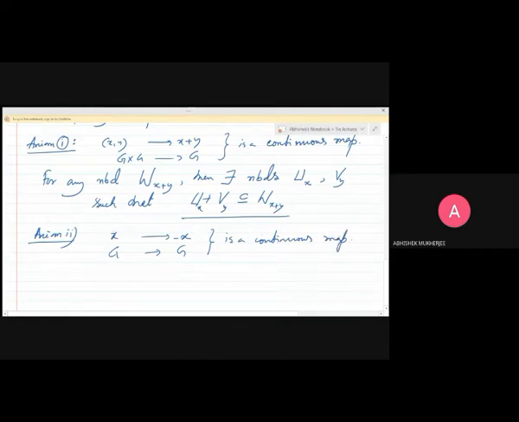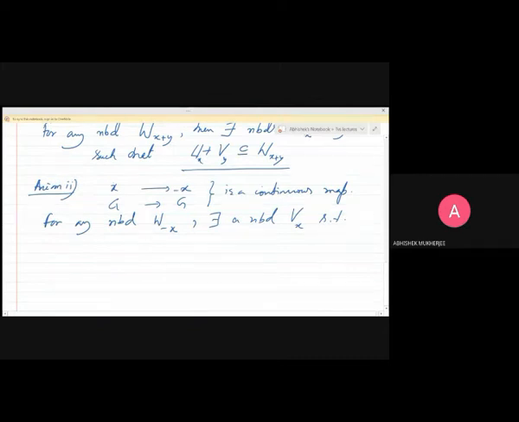So that means for any neighborhood W around minus x, you are going to have a neighborhood V around x such that minus V will be a subset of W, right?